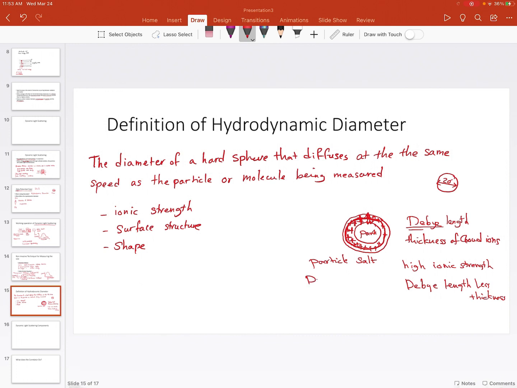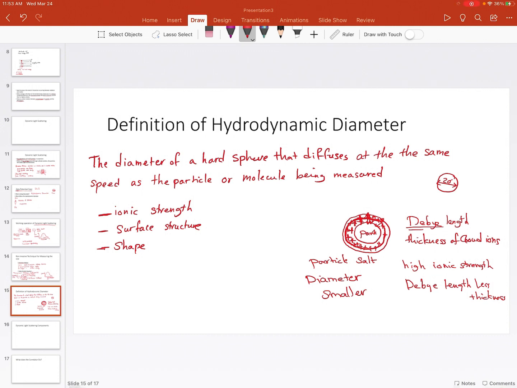Because a salt solution has a high ionic strength, the diameter that is going to be measured is smaller compared to a particle that is being dispersed in water, because water is less ionized than a salt solution, and therefore the Debye length is going to be thicker, and the diameter that we get from this particle is going to be higher. So we have to take into consideration the ionic strength.